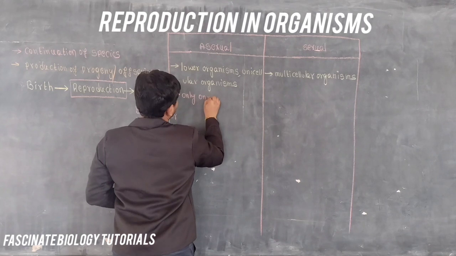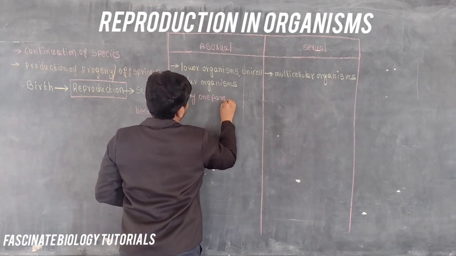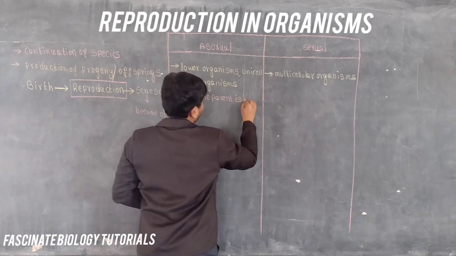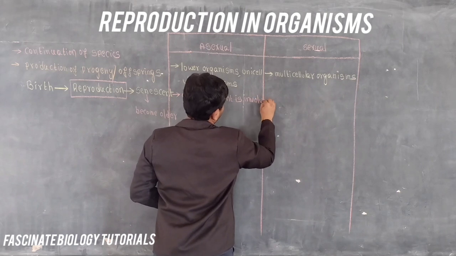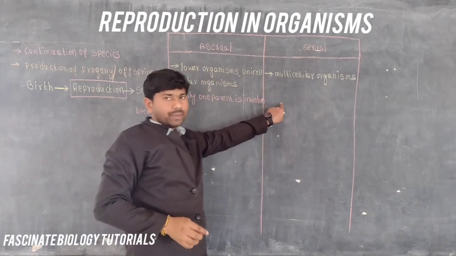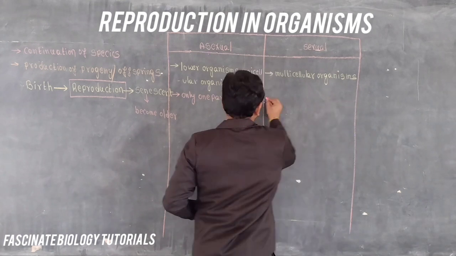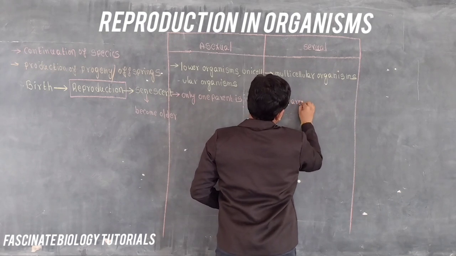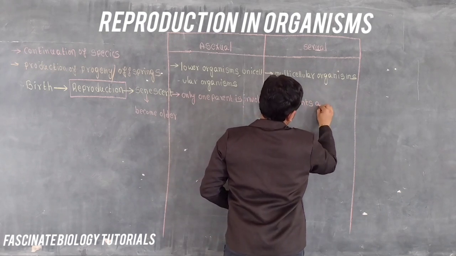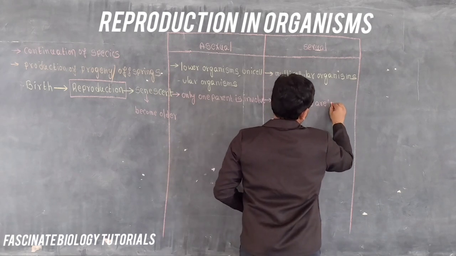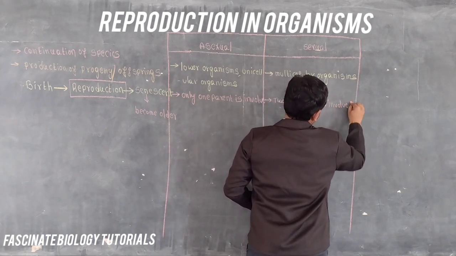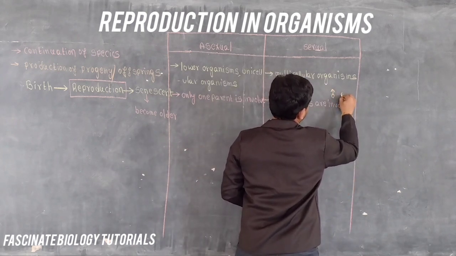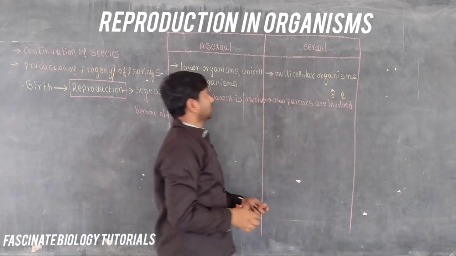In sexual reproduction, two parents are involved, both male and female. This is the symbol of male and this is the symbol of female.